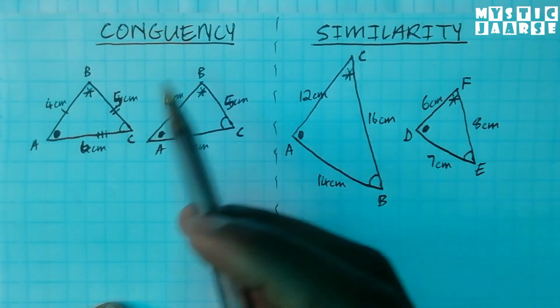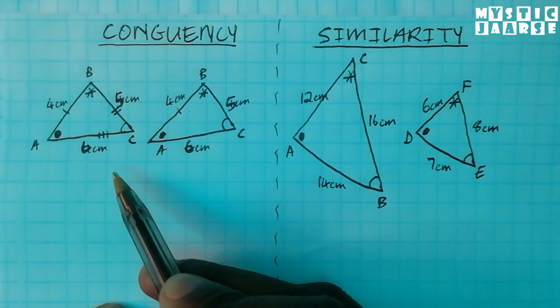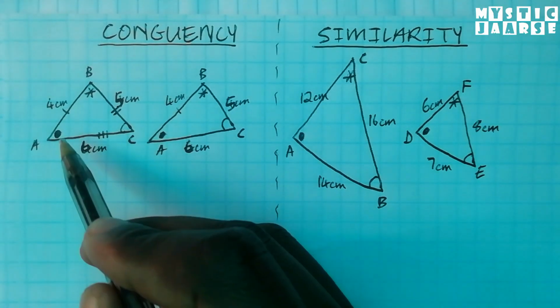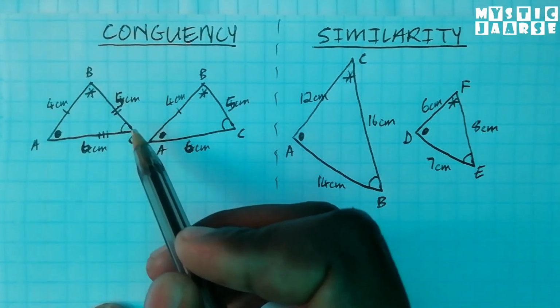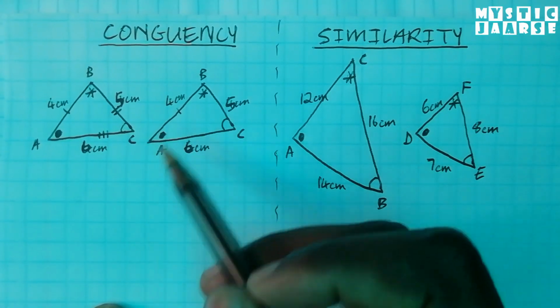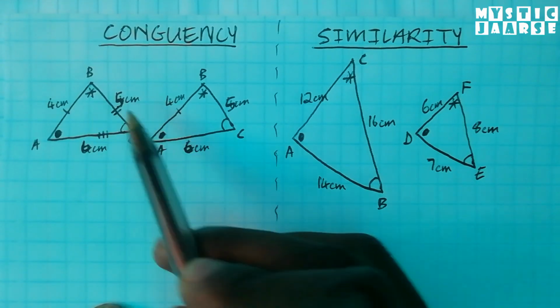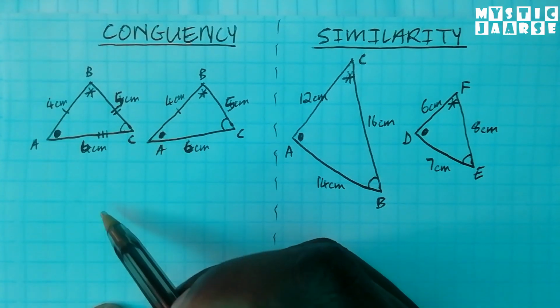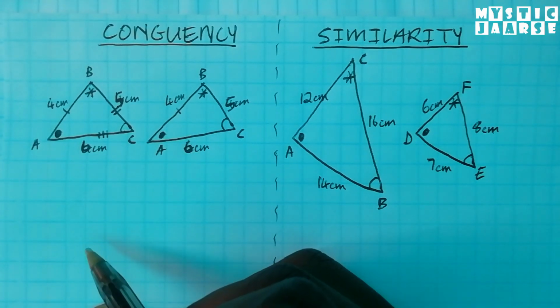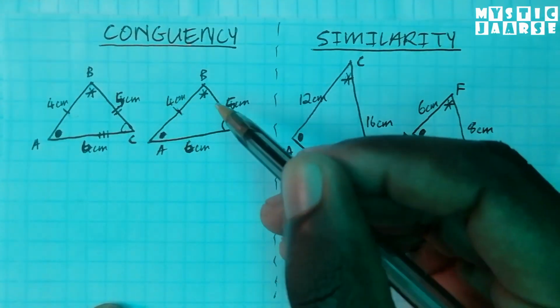So when two shapes are congruent, it means they are exactly the same. This angle of triangle ABC is equal to this angle of triangle ABC. I gave them similar names because they are congruent. They are exactly equal. This length is equal to this length.